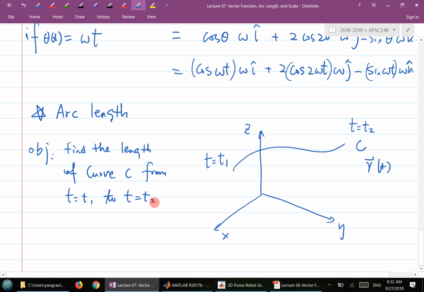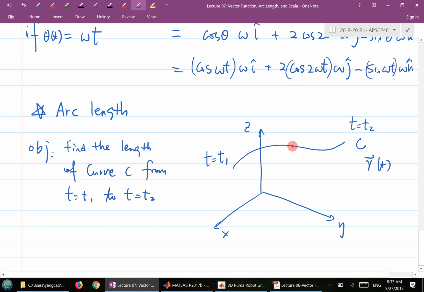So let's see how we can approach this question. First, let's draw some arbitrary vectors along the curve C. Let's say I have 2 points along the curve C, A and B. Then I will be able to construct 2 position vectors representing point A and point B. Let's say this is at t equal to ta and this is at t equal to tb.